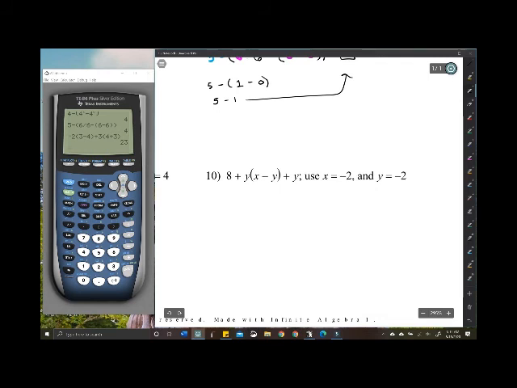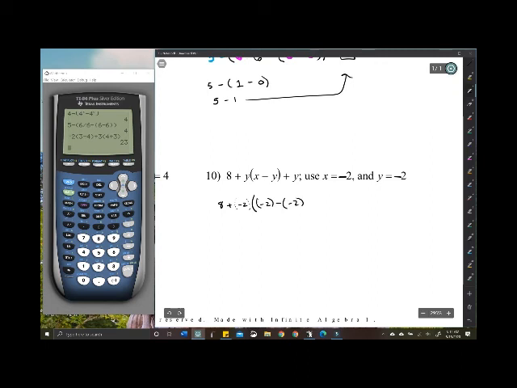And number 10, 8 plus y, xy's. Substitute. So now be careful with negatives. Okay, I'll show you that little trick here. 8 plus, I like to just put in parentheses, negative y, and then x minus y. So x is negative 2, and it's minus negative 2.